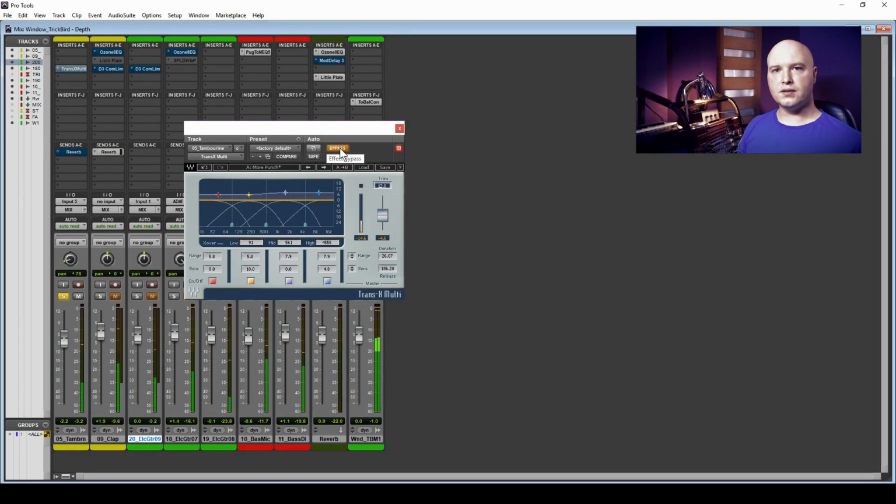Our ear is able to pick out the beginning of each note more easily, and so it grabs more of our attention. Transient designers can achieve similar results, although I find they're not always kind to the overall sound in the same way that compressors are. But they are nonetheless worth experimenting with.